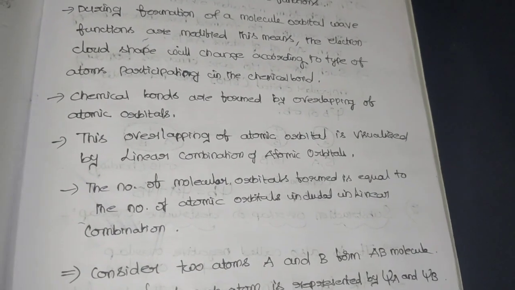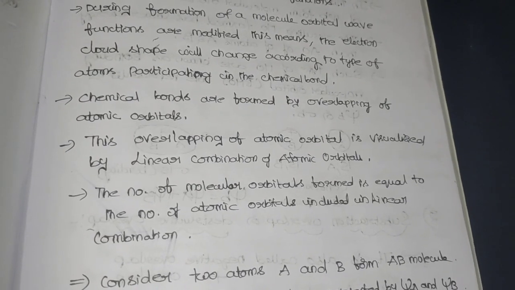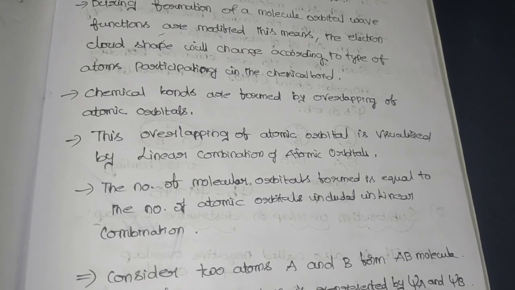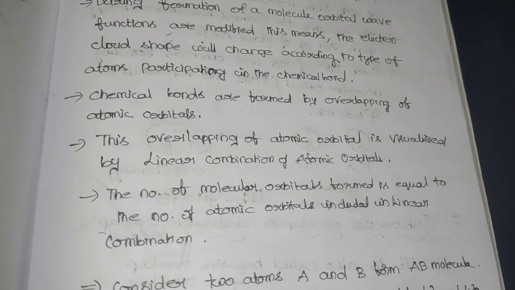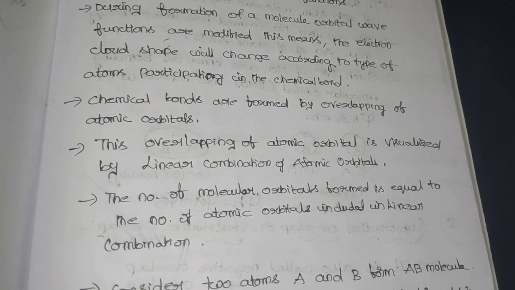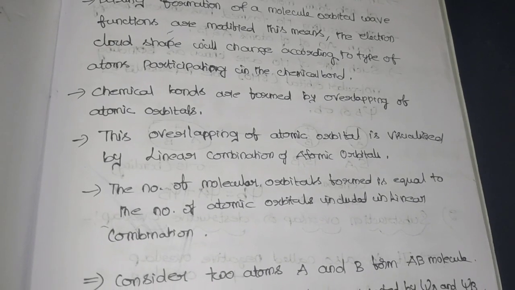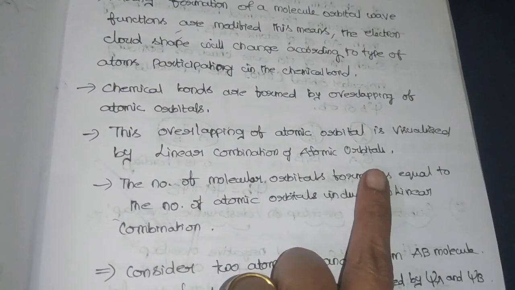Chemical bonds are formed by overlapping of atomic orbitals. I already discussed this overlapping, the head-to-head overlap in sigma bonds and pi bonds, in my last video. You can check it to understand this one. Chemical bonds formed by overlapping of atomic orbitals are visualized by linear combination of atomic orbitals.